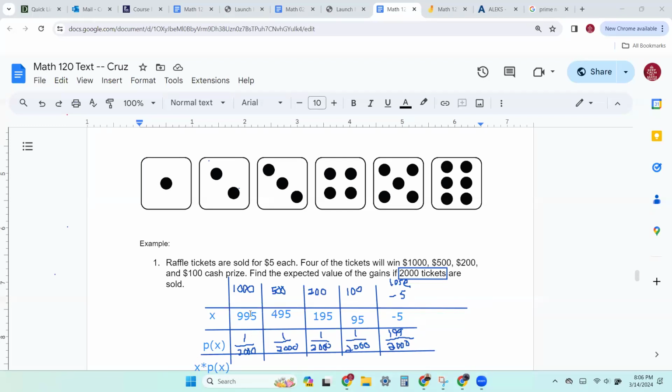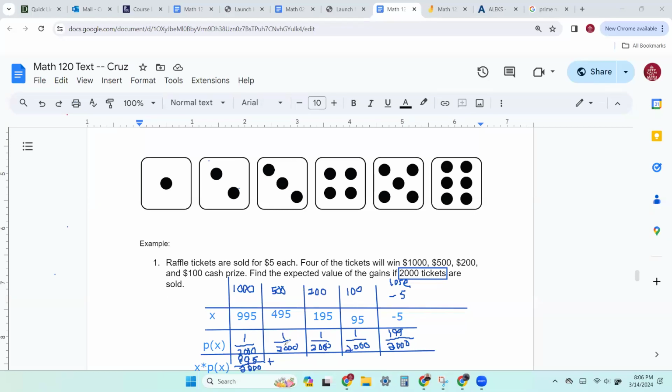So 995 is a whole number. When it multiplies 1/2000, it's going to be 995 over 2,000. I'm going to put it in the calculator in a second and show you, because that calculator works nice for this.